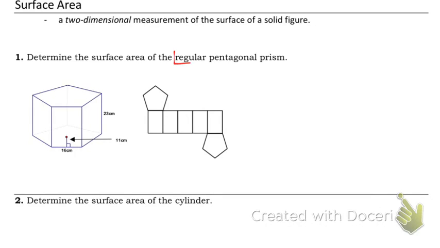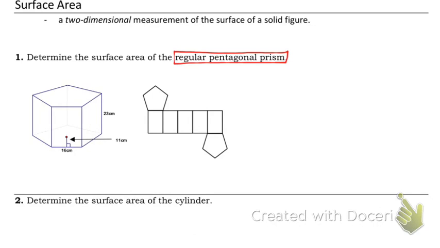So a prism, we'll talk more about it tomorrow, is just a shape with a flat base and a flat top and vertical walls encompassing everything. And since it's pentagonal, it means that our base and our top are pentagons. I almost said pentagrams, but pentagons.